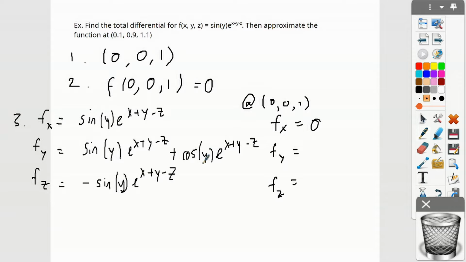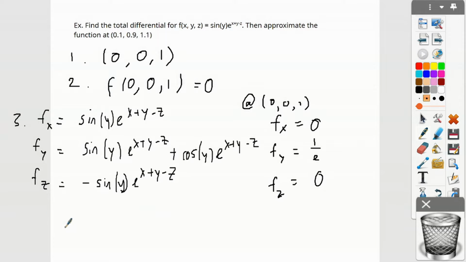At (0, 0, 1), that's 1. And then we have 0 plus 0 minus 1, which is 1 over e, right? Which is not a very nice number. I mean, it's kind of just tough. Not a very nice number.